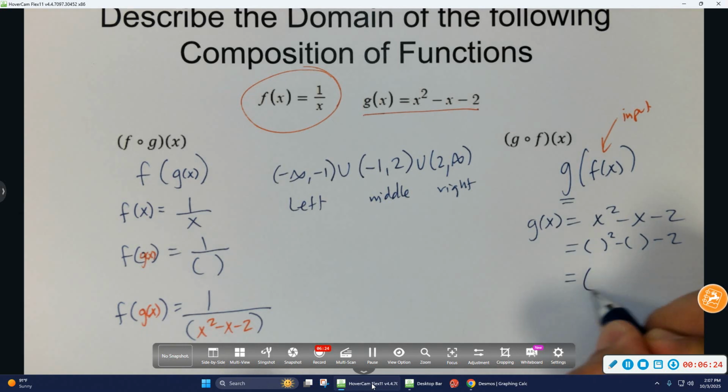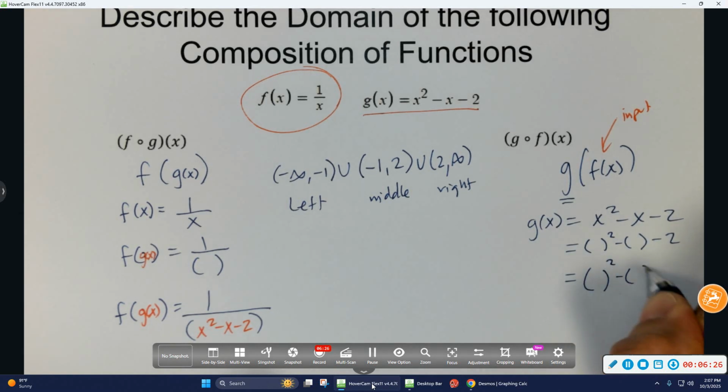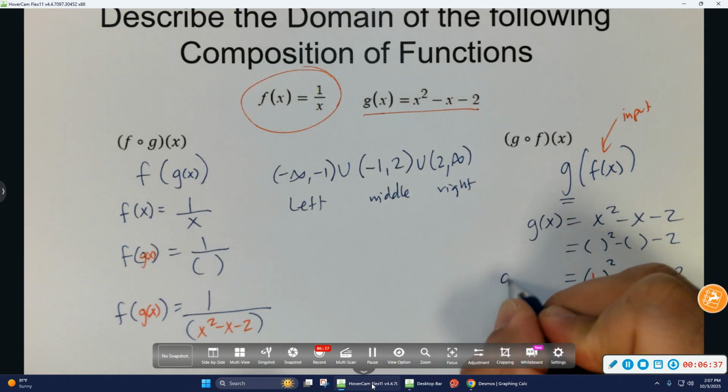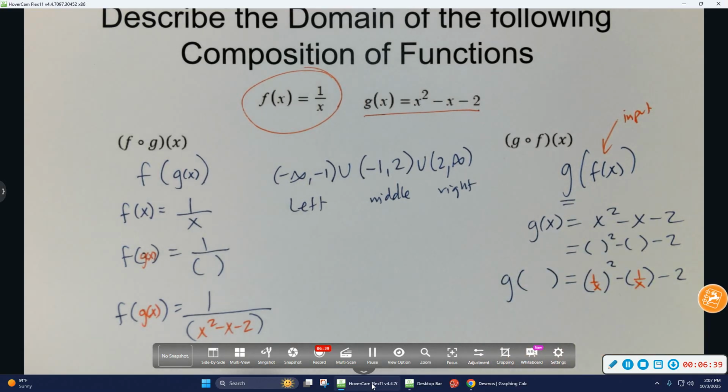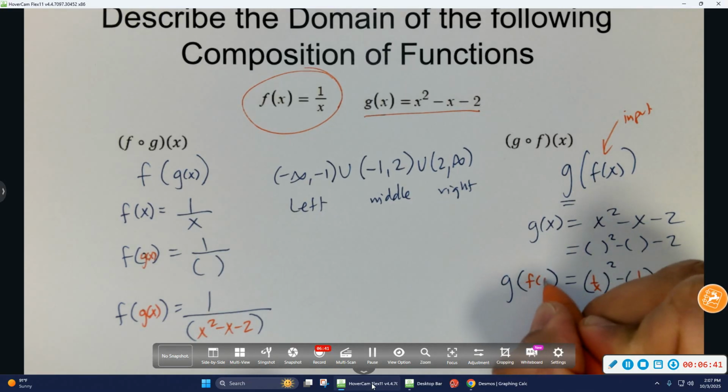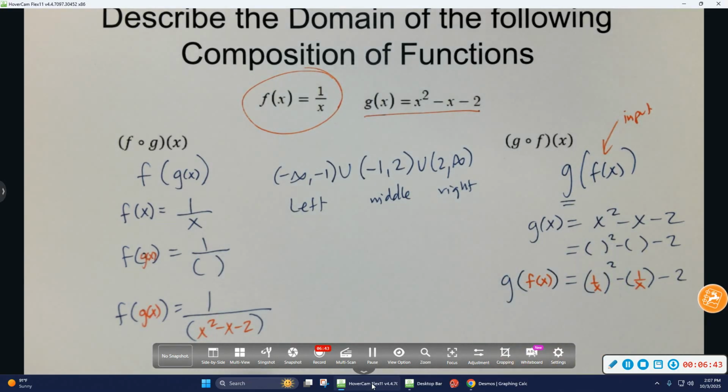So I got x squared minus x minus 2. But instead of x, I'm going to put f of x, which is 1 over x. Here, I have g, and inside of g, I have the function f of x. Once you've identified correctly which function goes into the other, I can just graph this function.